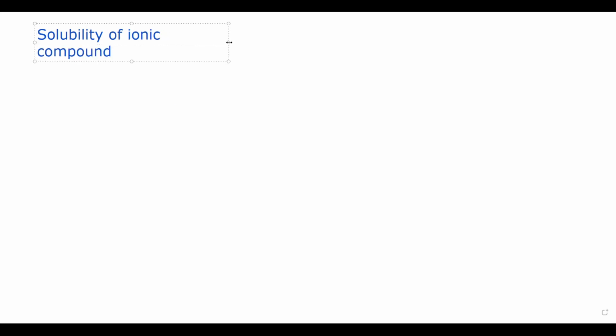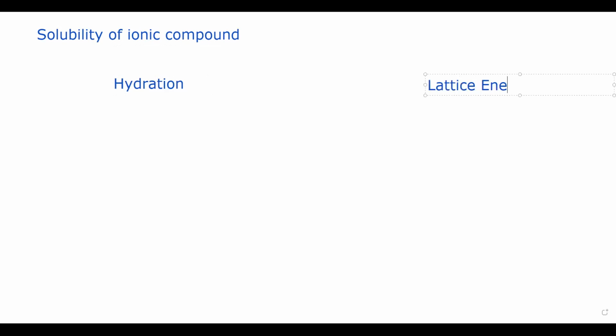For ionic compounds, there are two things. One is called hydration energy. Another one is known as lattice energy. These are the two terms which are very important to predict whether a substance, like some of the salt, dissolves in water.